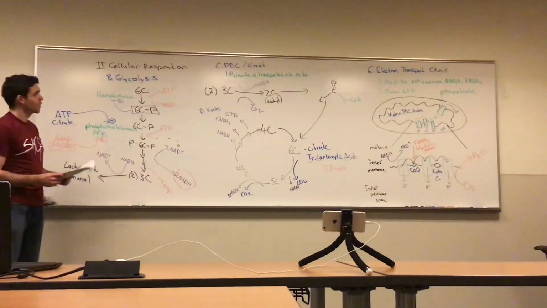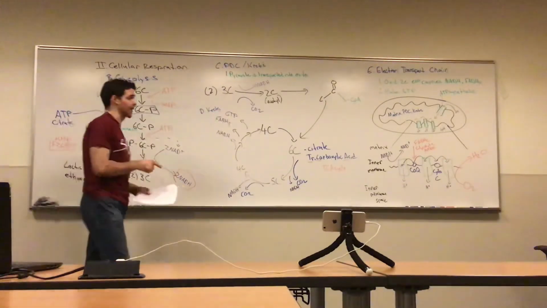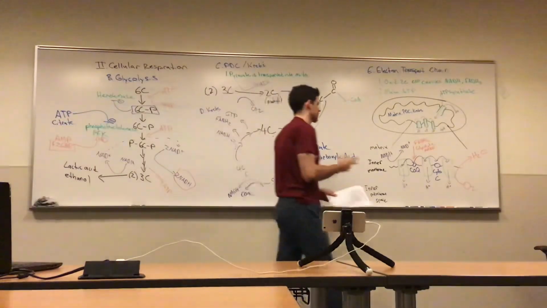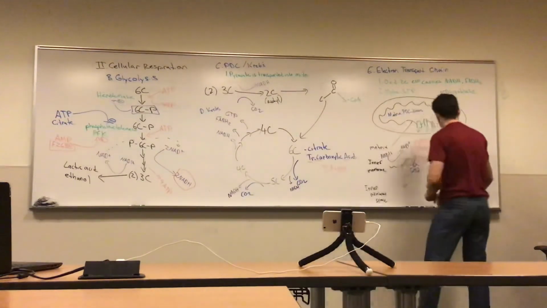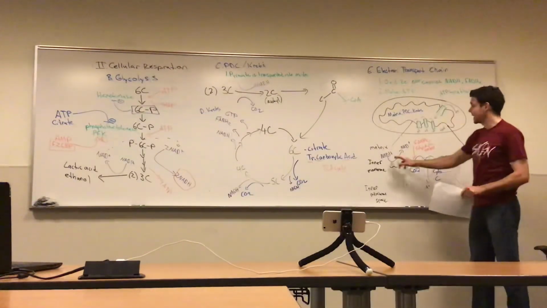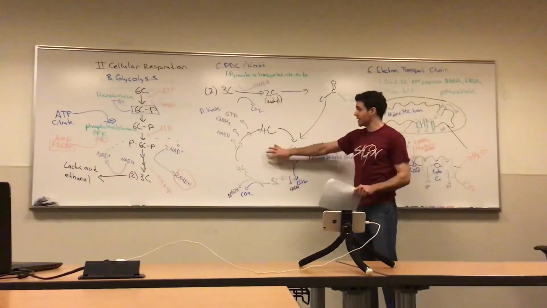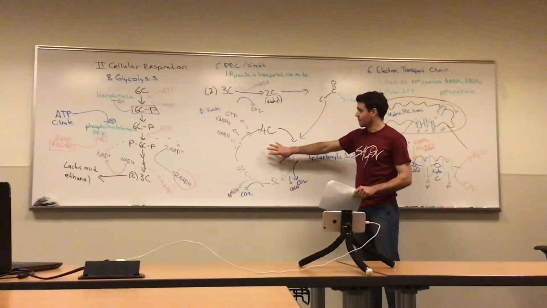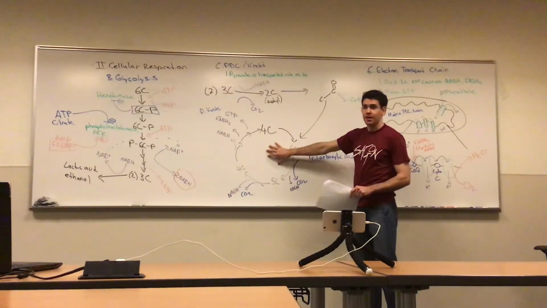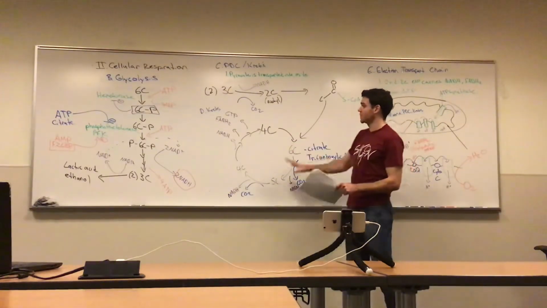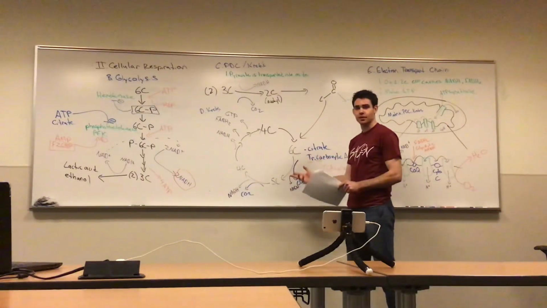Okay, and so what happens when you don't have oxygen, like when you're doing high intensity interval training, NADH builds up. And NADH is the big regulator of the Krebs cycle. So when NADH builds up, the Krebs cycle just sort of grinds to a halt.